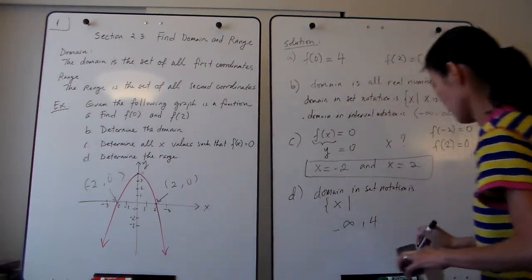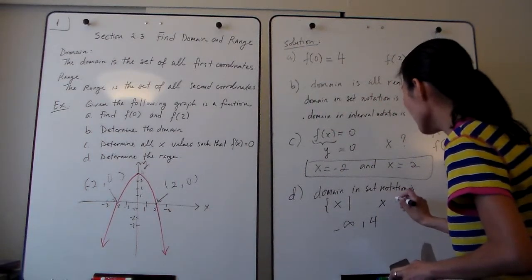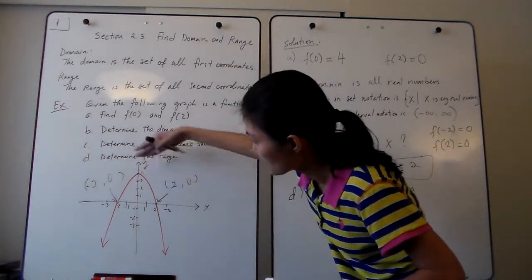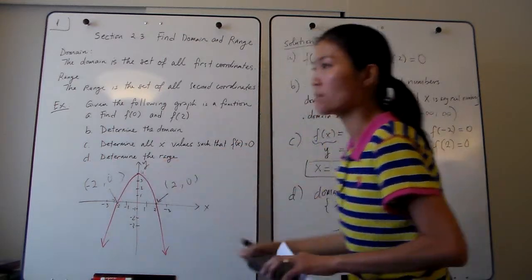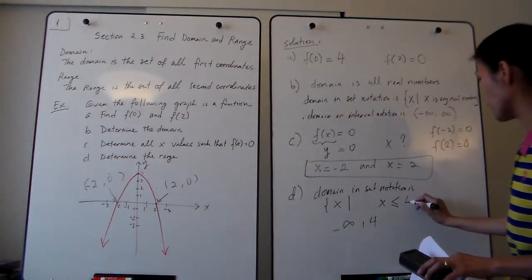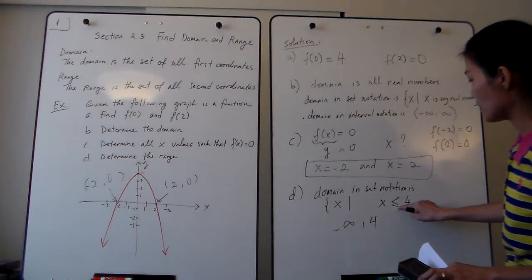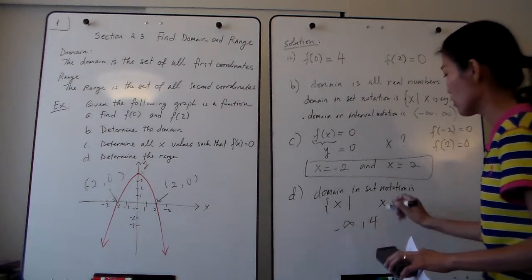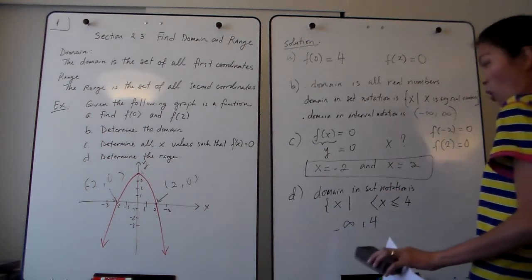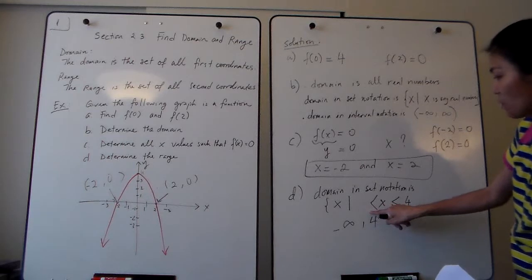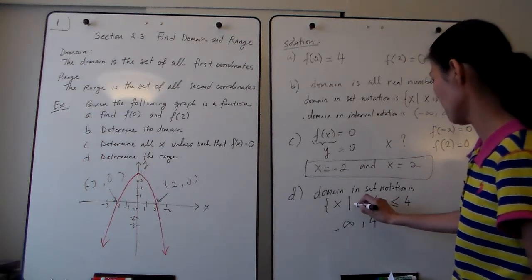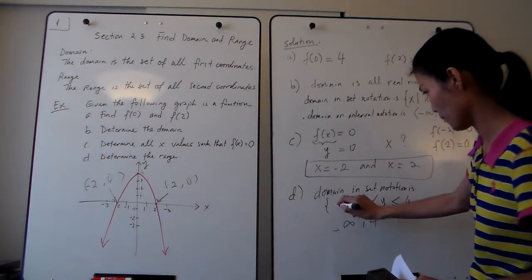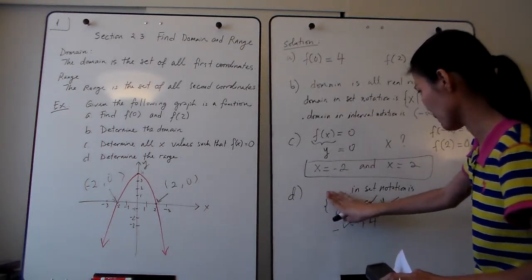X such that x is between the maximum it can reach, right? Because this point touches the tick mark at y equals 4, right? So that means we're including it. So you put 4 right here. So use the less than or equal to. How about negative infinity? Remember infinity, we don't know how small it is. We use the symbol less than. Sorry, this is y because it's the range, not the x. Apologize. We talk about the range now.